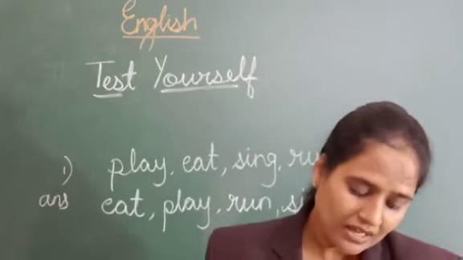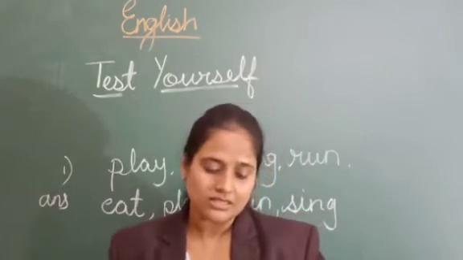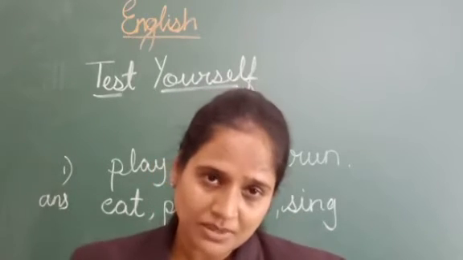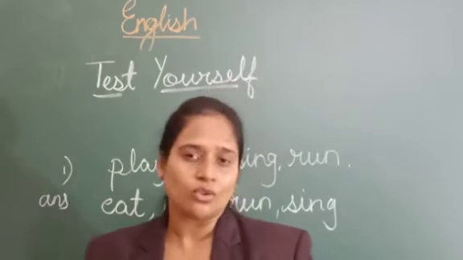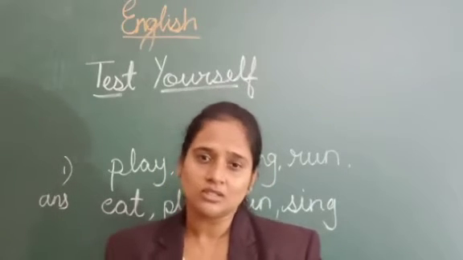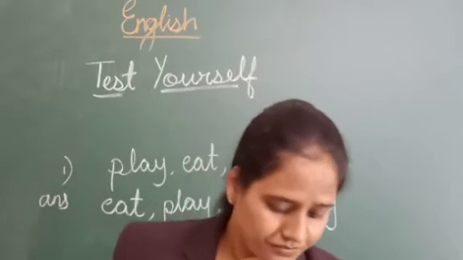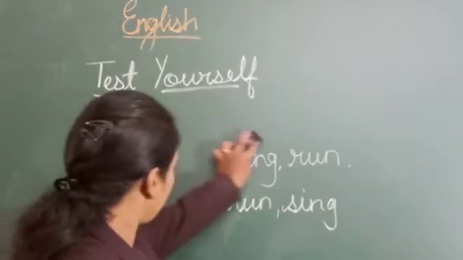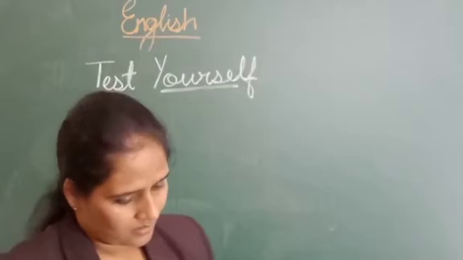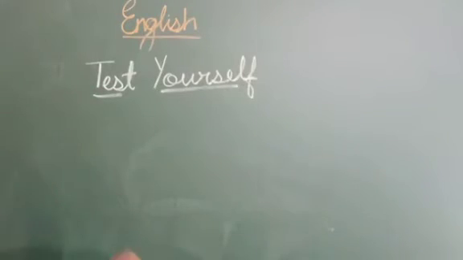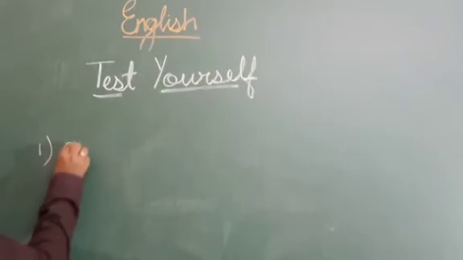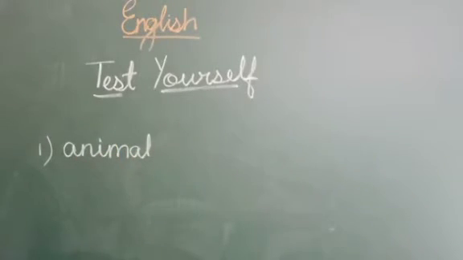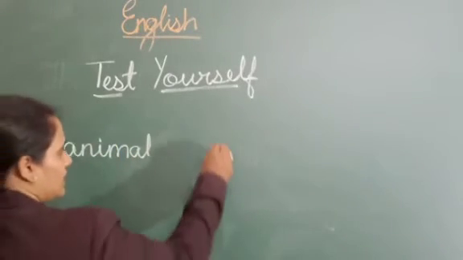Now second, we have to count the vowels and consonants in each word. In this topic words have been given and you have to count the vowels and the consonants in them. Our first example is the word animal. Now in this, how many vowels are there?